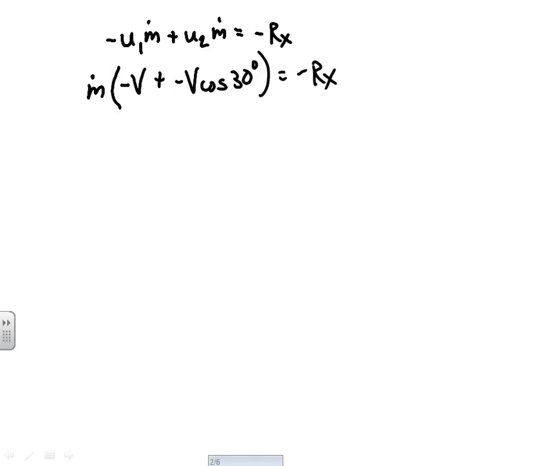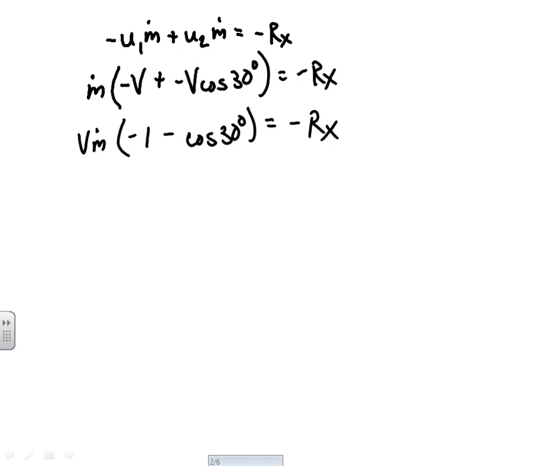So I see I also have a V that is in both of my terms. I could pull that out. So I will have V times m dot times minus 1 minus the cosine of 30 degrees equals minus Rx.